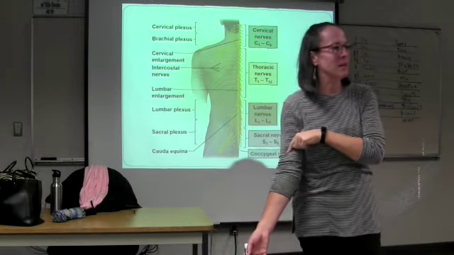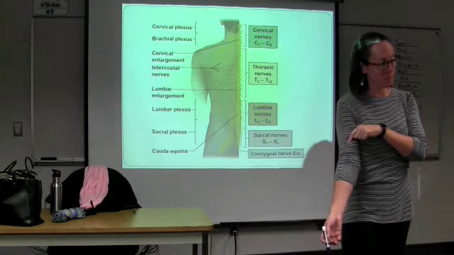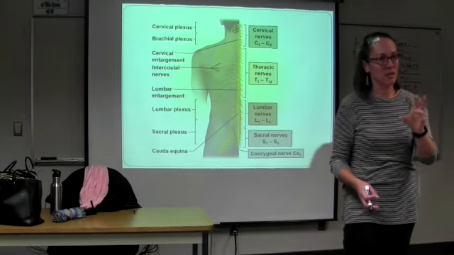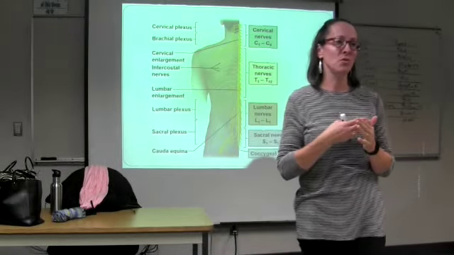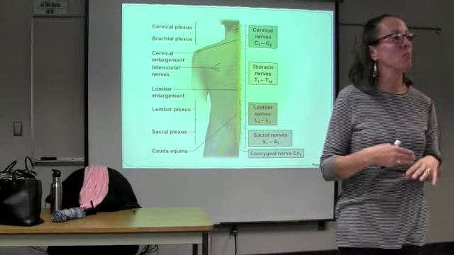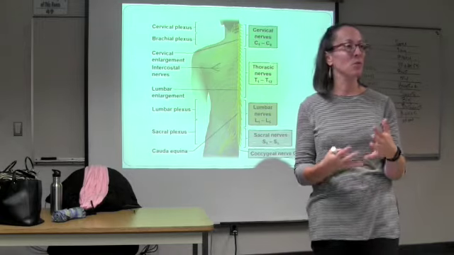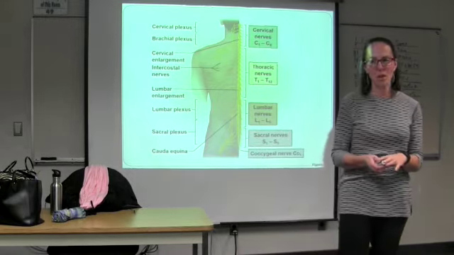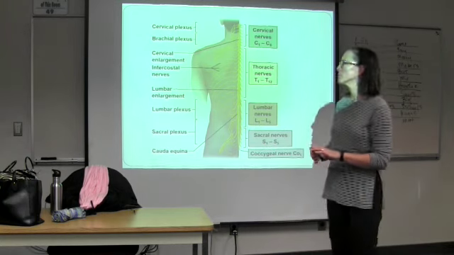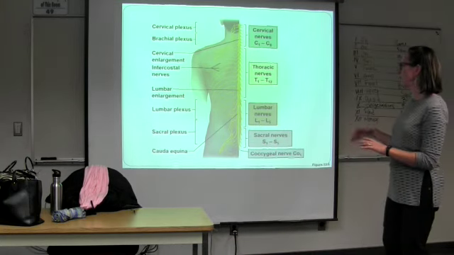That way if one gets damaged, we have a backup, okay? So that's what these plexuses do, is combine multiple nerve roots so we can have multiple nerve roots innervating muscles or sending nerves to muscles. Does that make sense? Okay, and we'll look at those individually.